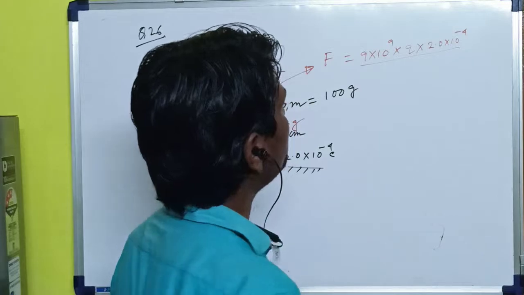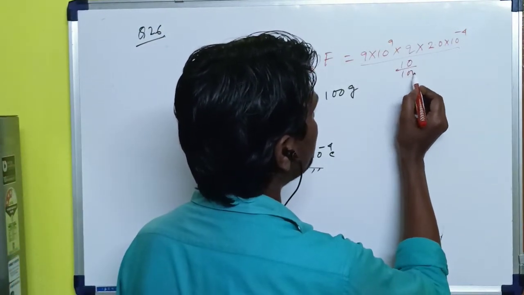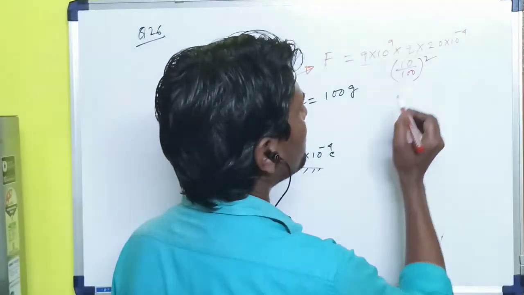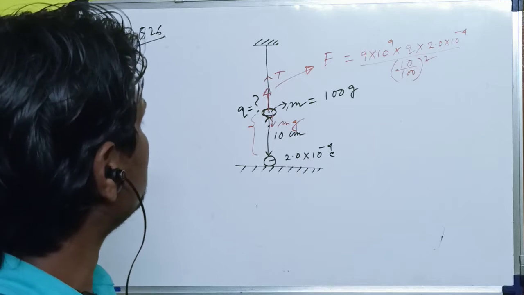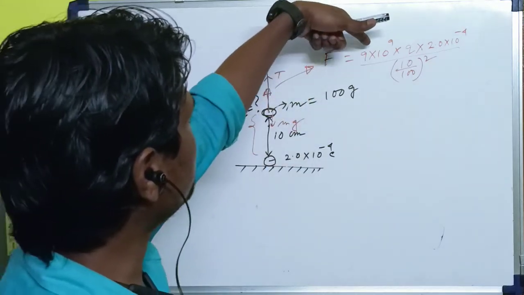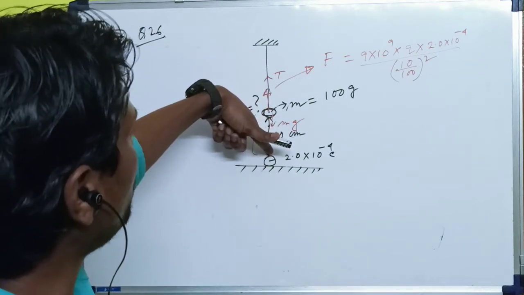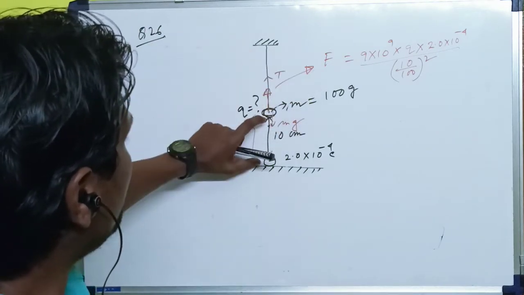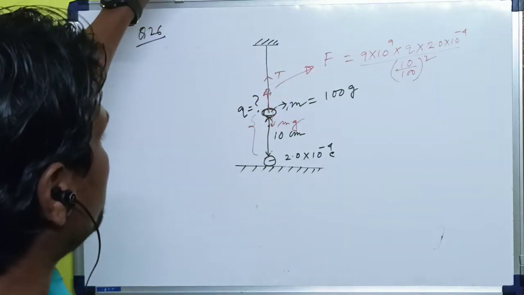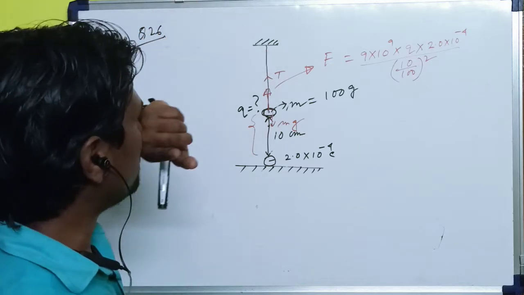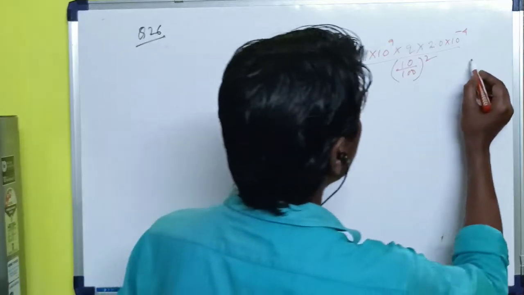Here R is given in a different unit, that is 10 centimeters, so 10 divided by 100, and this is squared. Okay? 9 into 10 to the power 9 is the proportionality constant, Q is the charge of this body, and this is the charge of the other body, divided by the distance of separation squared.